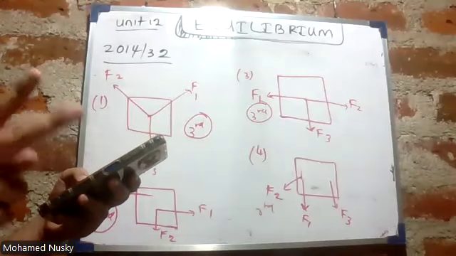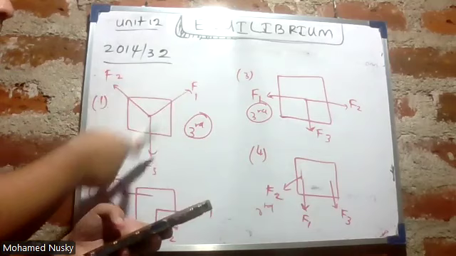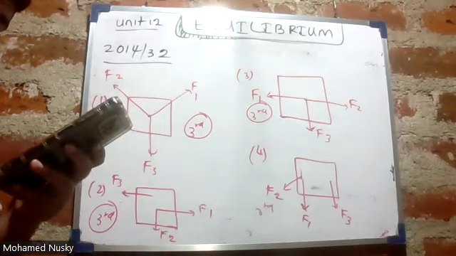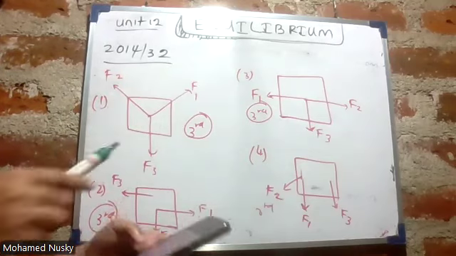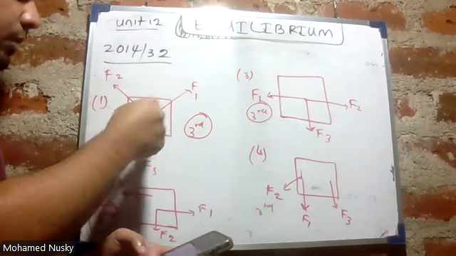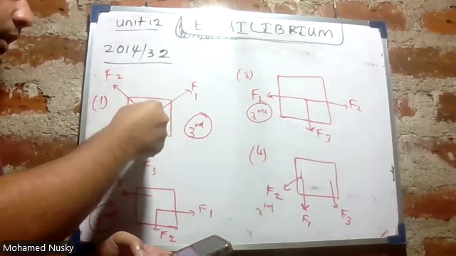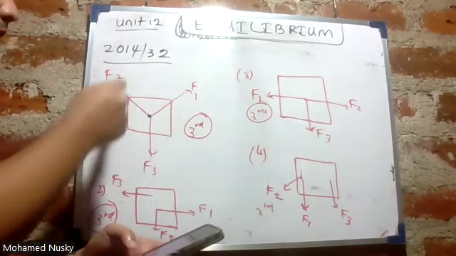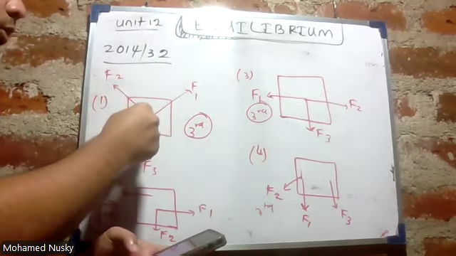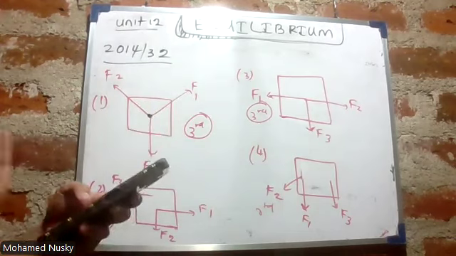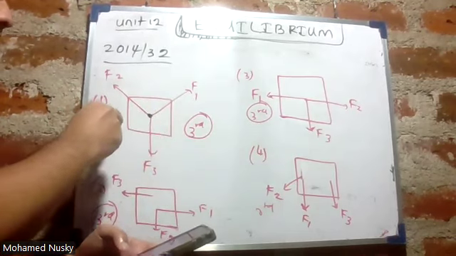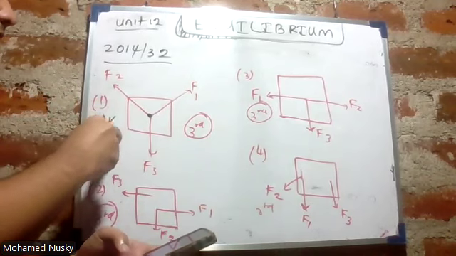Three forces must be coplanar. Here all are coplanar. Line of action of the three forces must meet at a common point. F1, F2, F3 all meet at this point. The first and second conditions are satisfied.